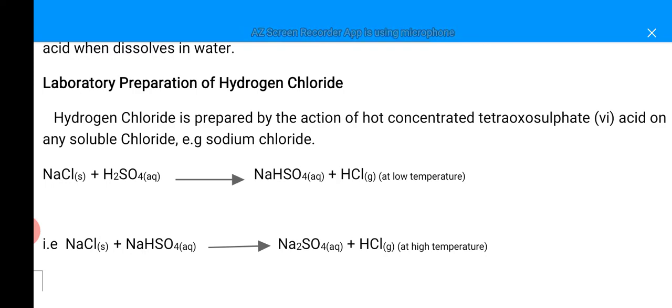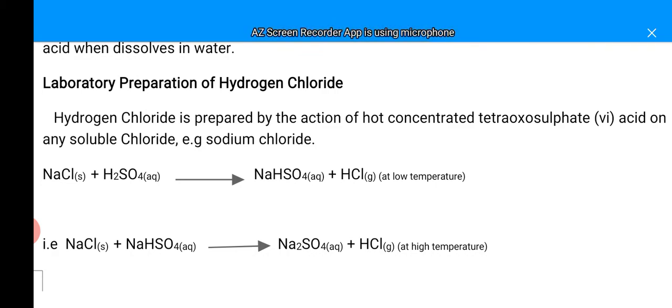When the temperature is low, you have sodium hydrogen tetraoxosulfate(VI) being formed. Now, increasing the temperature, that is at high temperature, we are going to have NaCl combining with NaHSO4, then we have more of the hydrogen chloride gas formed, as you can see in these two equations here.